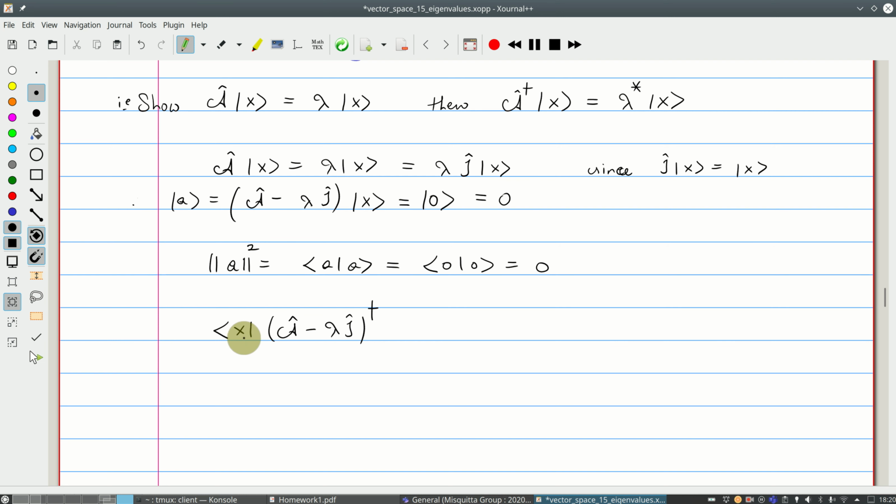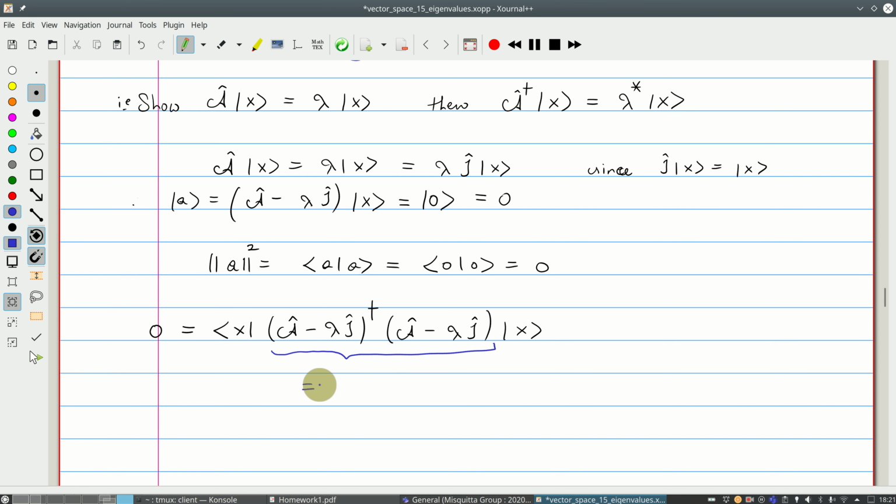A ket becomes a bra, and the operator gets adjointed. So this is the bra side, and now we have the ket, which is A hat minus lambda I, x, and that's equal to 0. Now what we want to do is expand this product of operators.